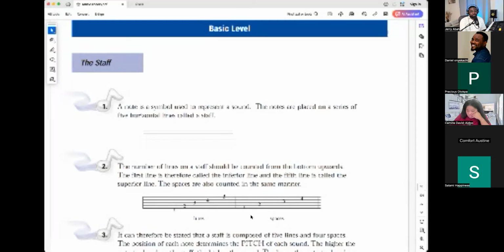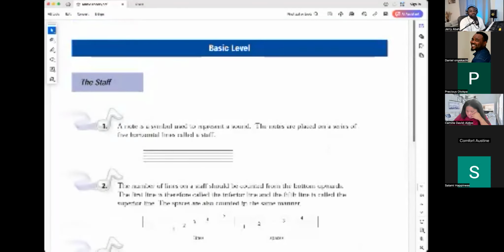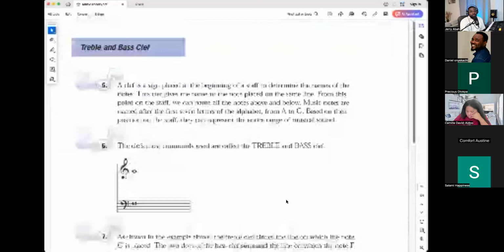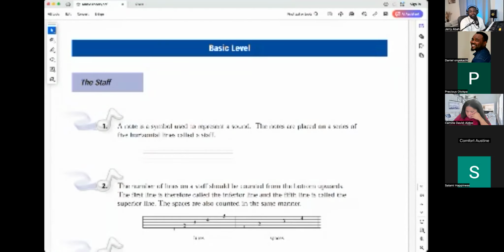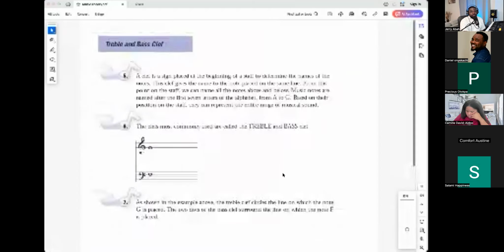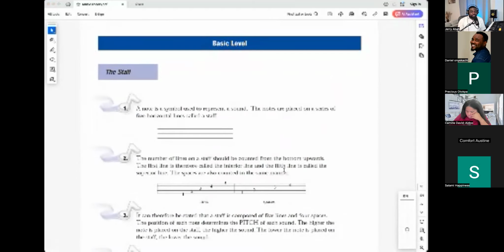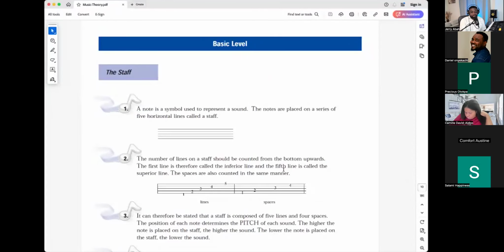That's basically what's going on here. It can therefore be stated that a staff is composed of 5 lines and 4 spaces. The position of each note determines the pitch of each sound. Okay?